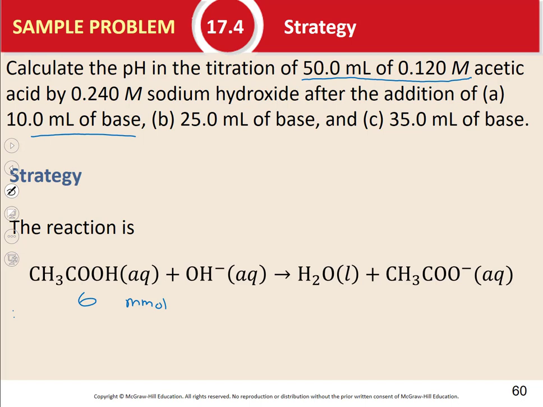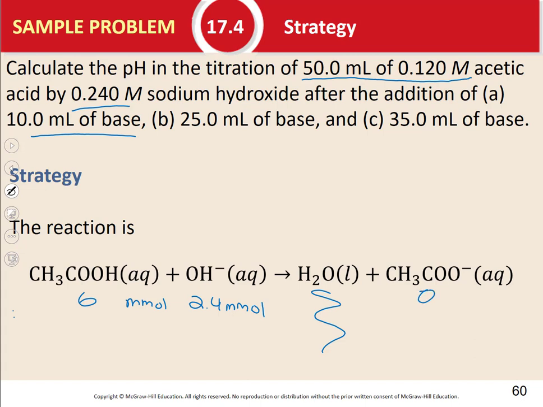So in part A, how many millimoles do we have of the base? We've added 10 milliliters and it's 0.24 molar. What's 10 times 0.24? 2.4. Good. Shouldn't even need a calculator for that.